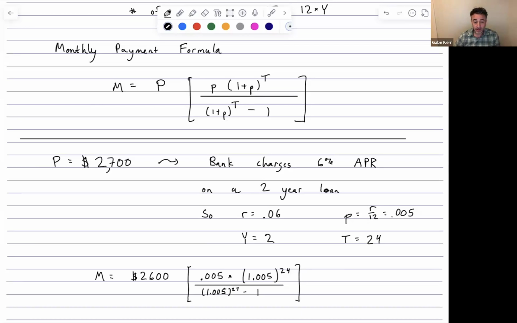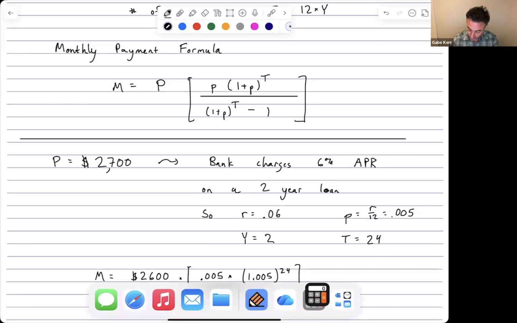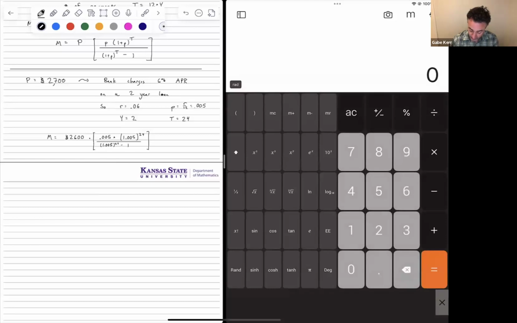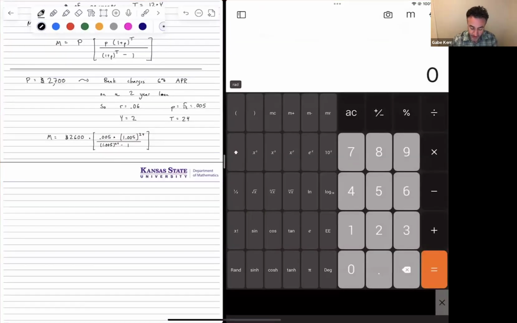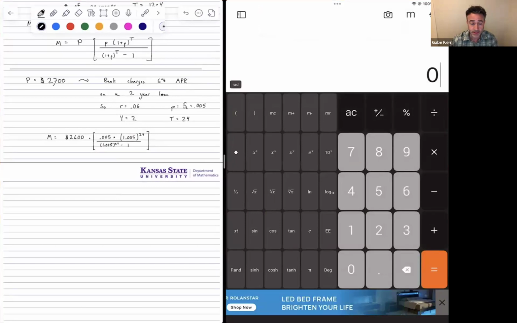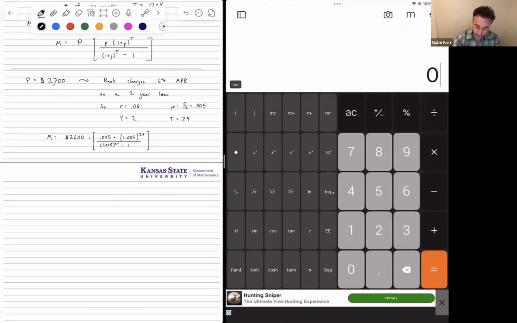Again, that's one of those where I'm going to struggle to calculate it by hand, so I will go ahead and use my calculator here. And for these kinds of formulas, I do like to use the parentheses in the calculator, just to make sure that I'm not making some problems. So first I'll calculate this factor.